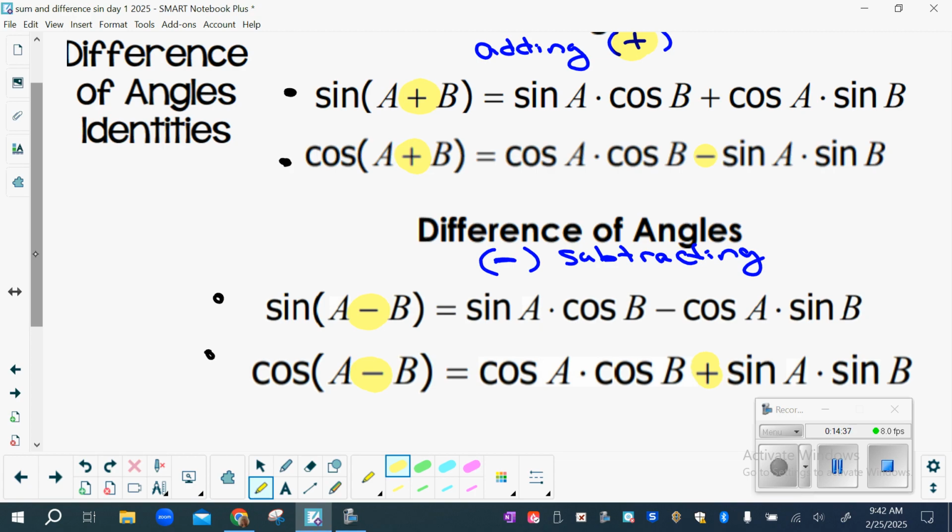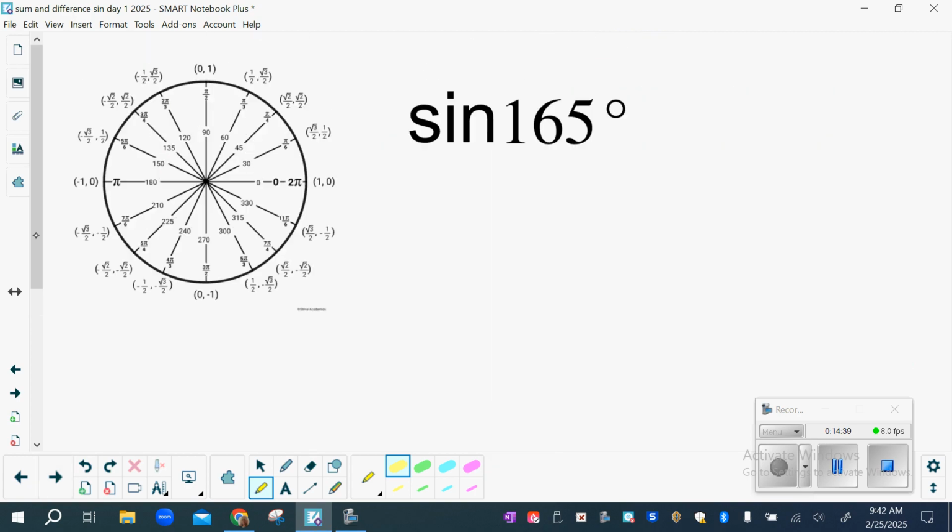Okay, are we ready? So let's do this one. Ready? Sine of 165. 165 is not on your list. So we need to come up with 2 angles that either add to make 165 or subtract to make 165. It doesn't matter which way you choose, but they are different formulas.